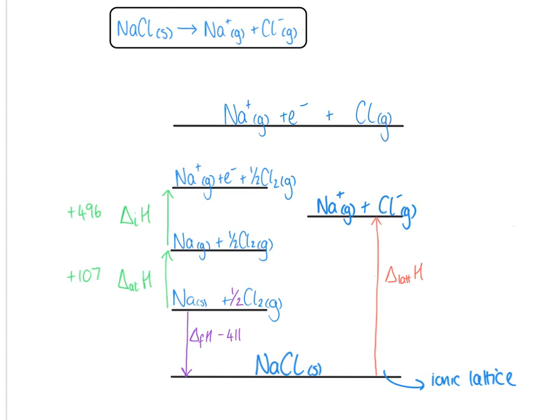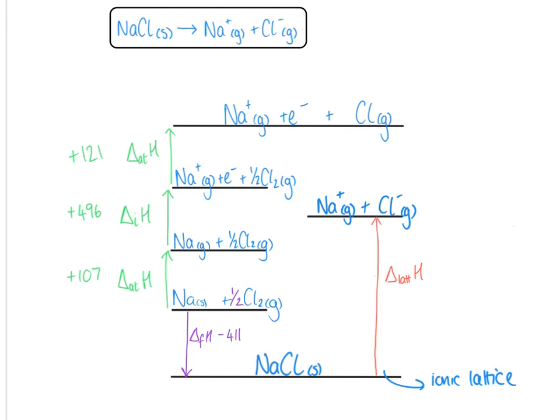So I've just got a chlorine atom instead of a chlorine molecule. And again, here we've got half of 2, which is 1 chlorine, and here we've got 1 chlorine. So we don't need a balancing number in front of it anymore. Okay, that's the enthalpy of atomization of chlorine. And we are told on the previous page that that is plus 121.